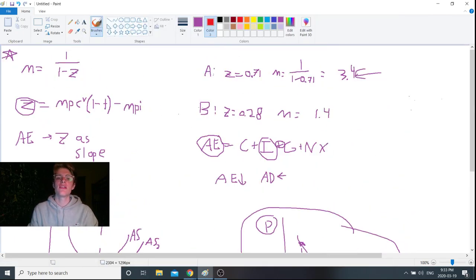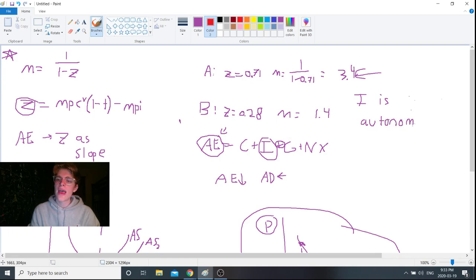An increase in investment is, again, positively related to our AE function. So when I goes up, AE goes up, which would give us a parallel upward shift, because investment is autonomous. Let's talk about what that means.